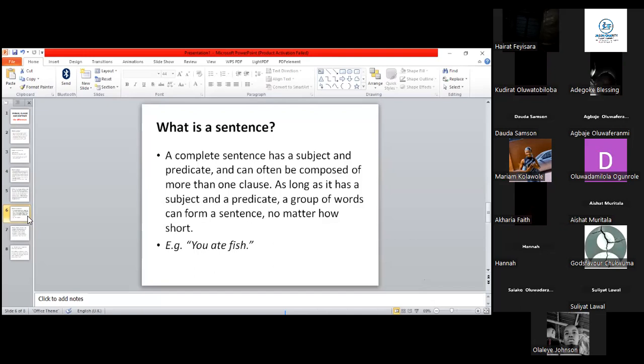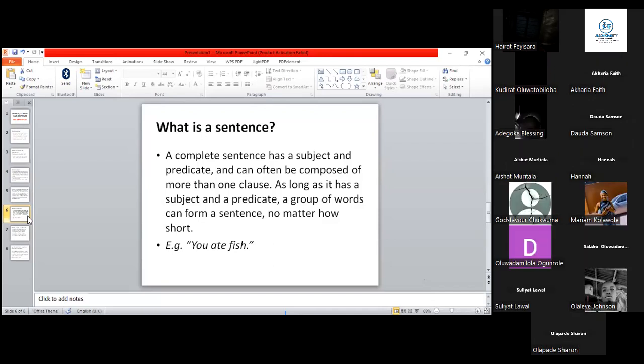To form a sentence, sometimes we may need an independent clause and a dependent clause, or a main clause and a subordinate clause.